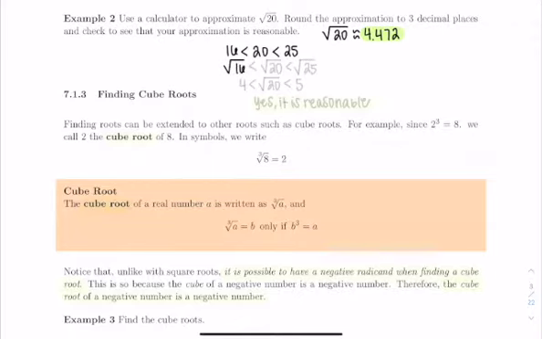The square root of 16 is less than the square root of 20, which is less than the square root of 25. But we know that the square root of 16 is 4, and the square root of 25 is 5. And so our decimal approximation, 4.472, is in between 4 and 5. So this is reasonable.